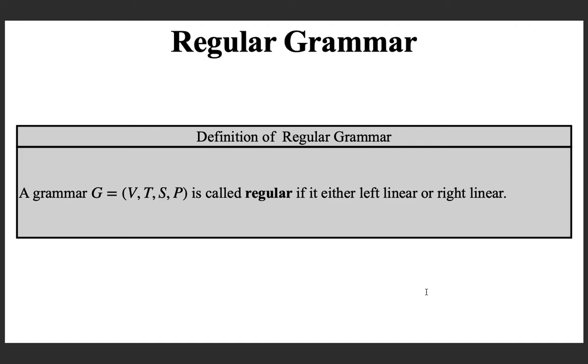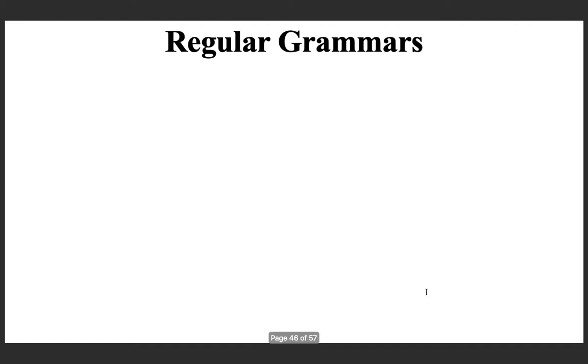Okay, a regular grammar is either a left linear grammar or a right linear grammar. That's it. Now we can recollect some regular grammars that we discussed in the last class.